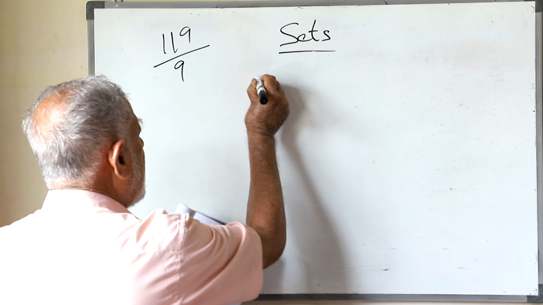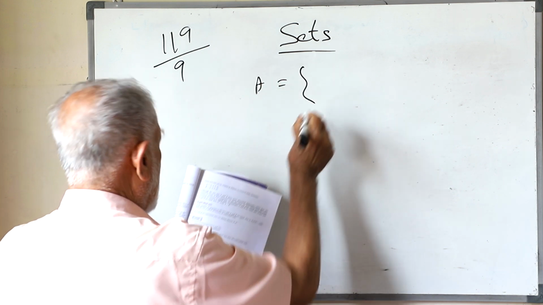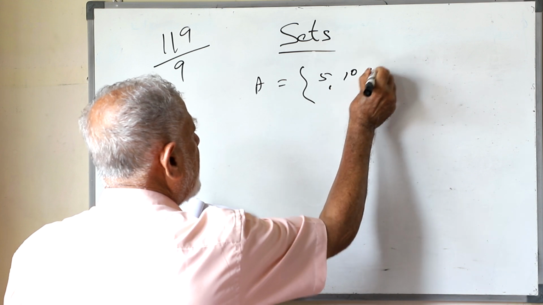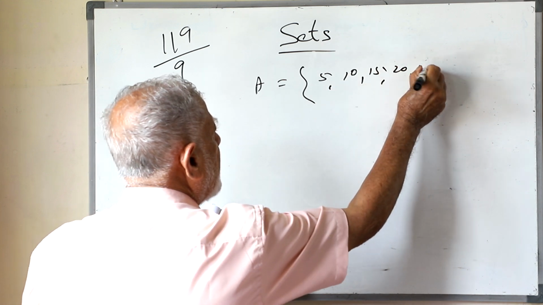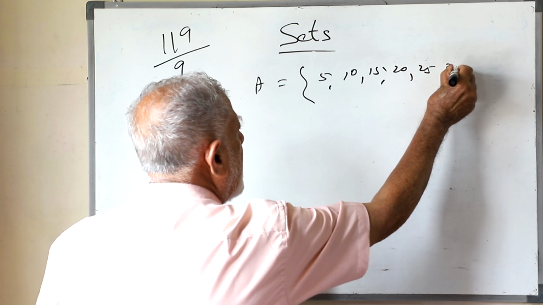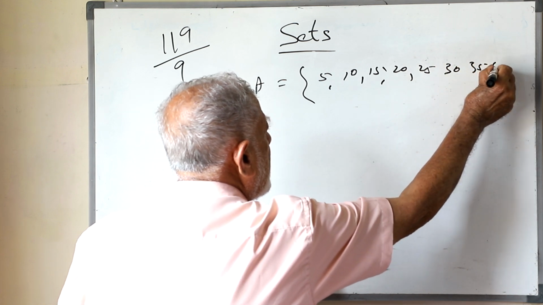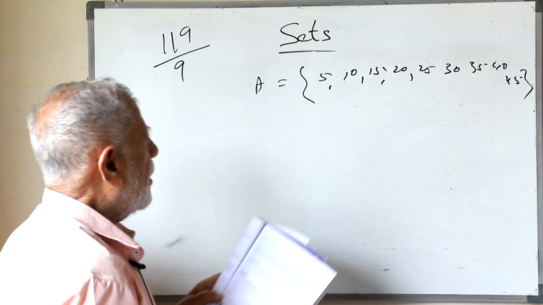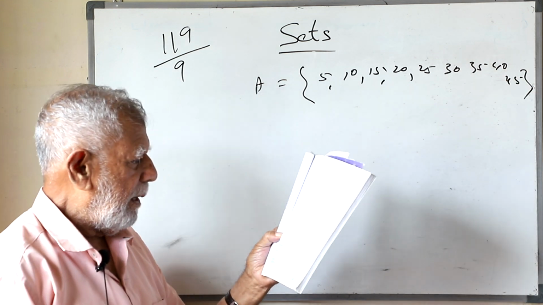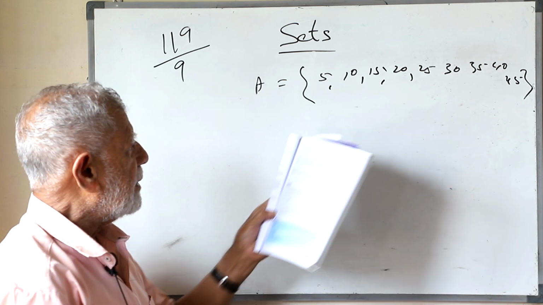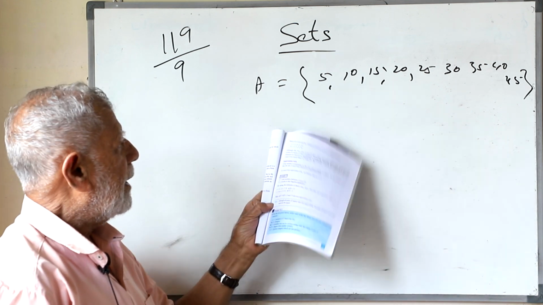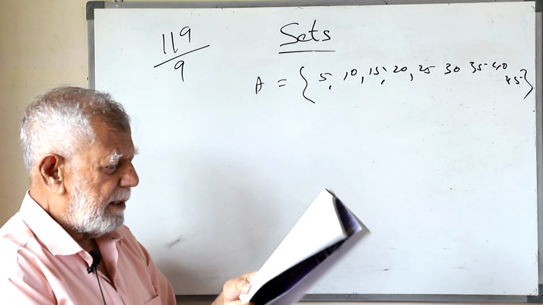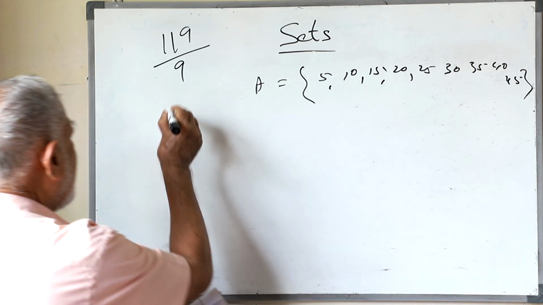A is equal to 5, 10, 15, 20, 25, 30, 35, 40, 45. Definitely these are the elements. There are no other elements. So we say this is a finite set, and we will mark it F.